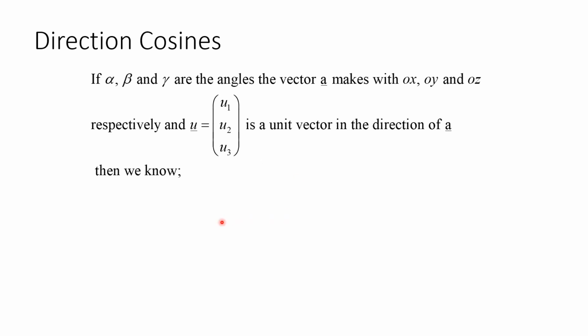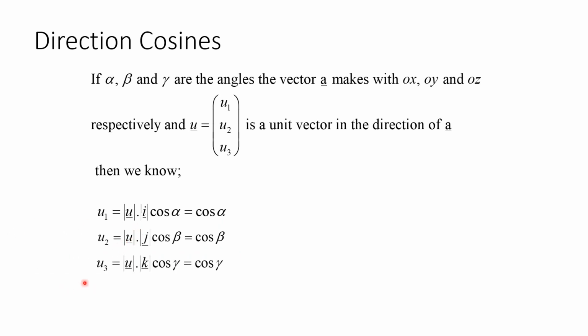Then you can conclude that this is how you calculate your u1, u2, u3, using the cosine formula or the dot product formula. You simply conclude that u1, u2, u3 are respectively cos alpha, cos beta, and cos gamma.